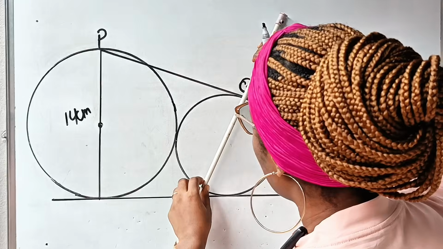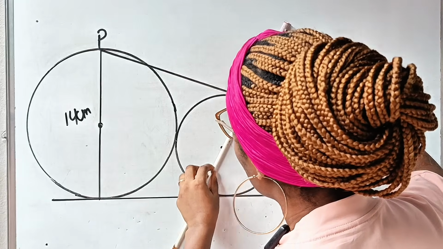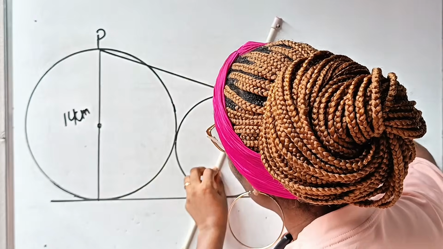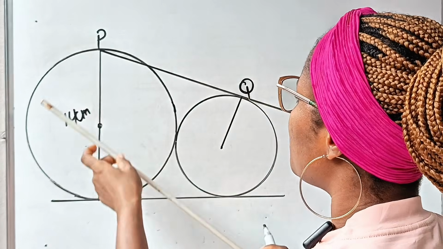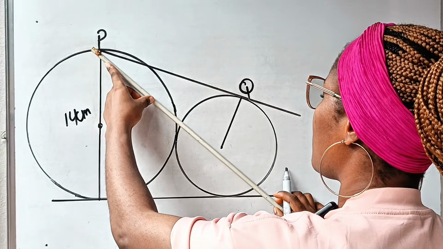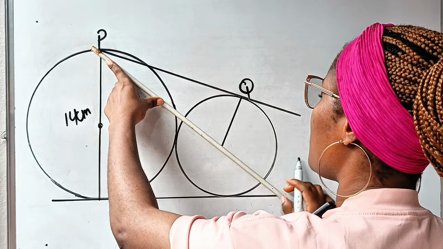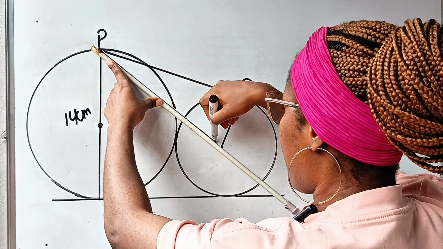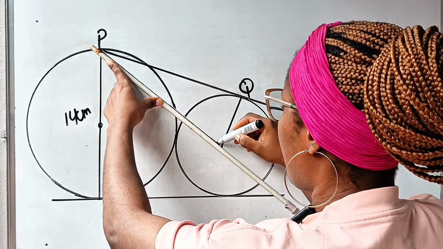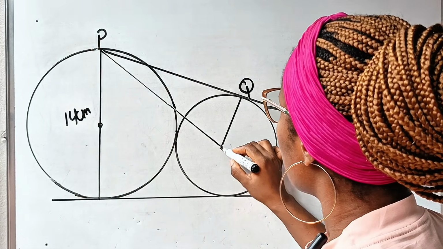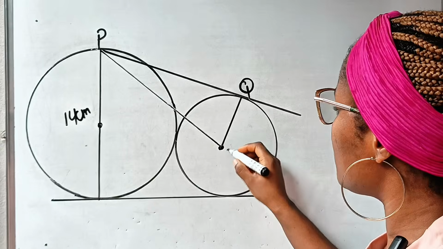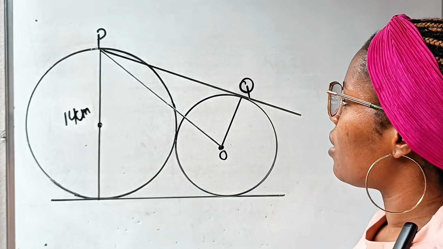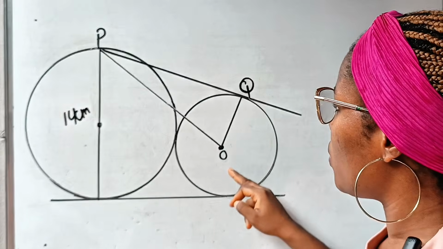Okay, first things first. Let's join Q to the center of the bigger circle, and then we join that to P. Now let us name this O, the center. So now we have triangle PQO.